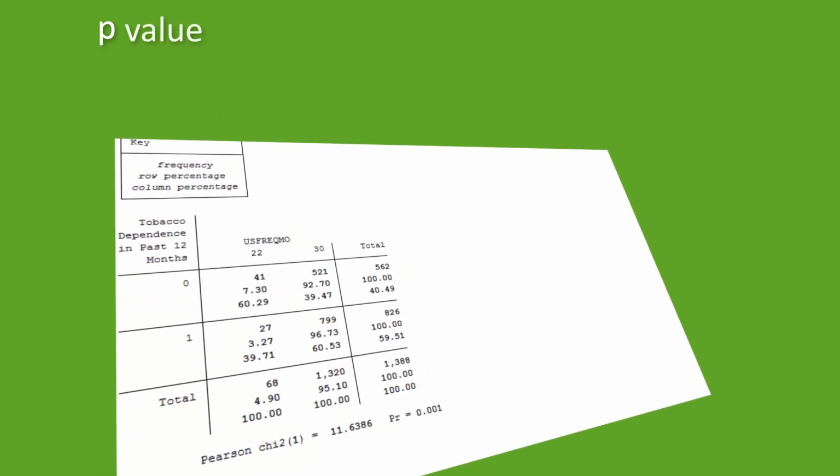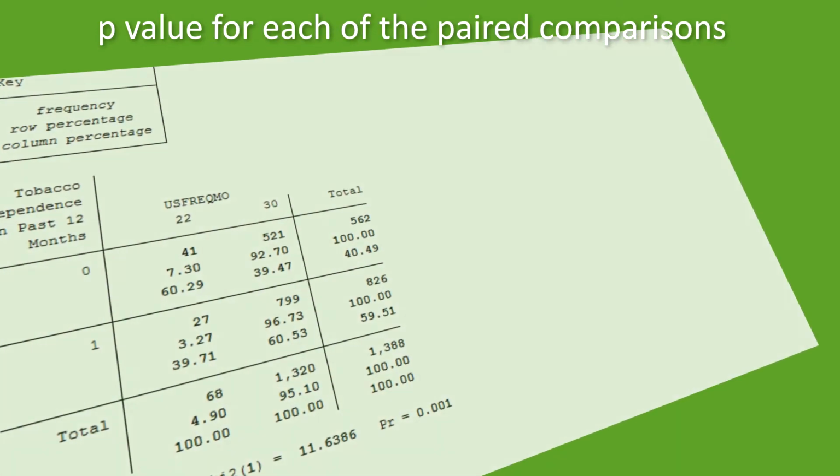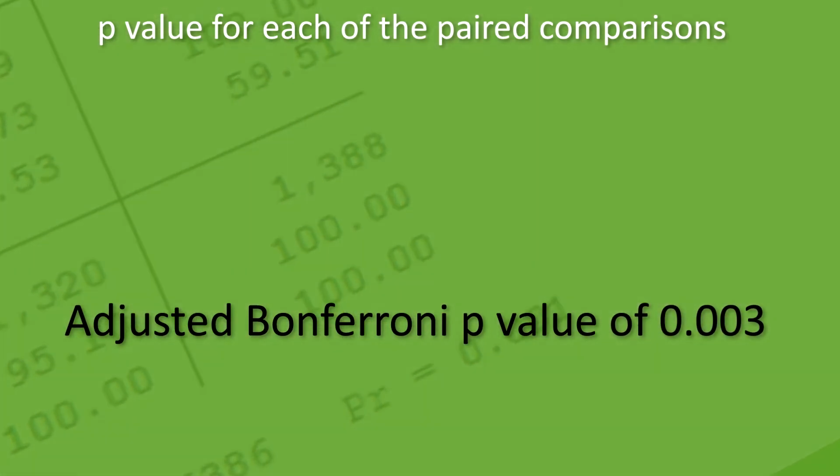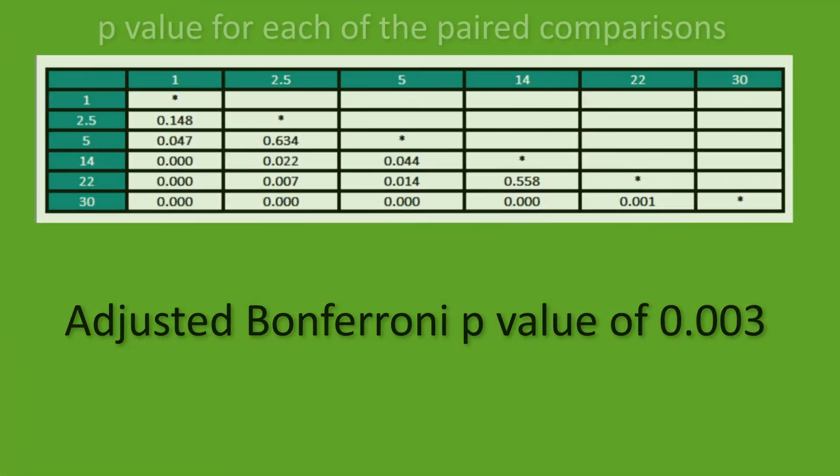The goal is to examine the p-value for each of the paired comparisons and to use the adjusted Bonferroni p-value of 0.003 to evaluate significance.